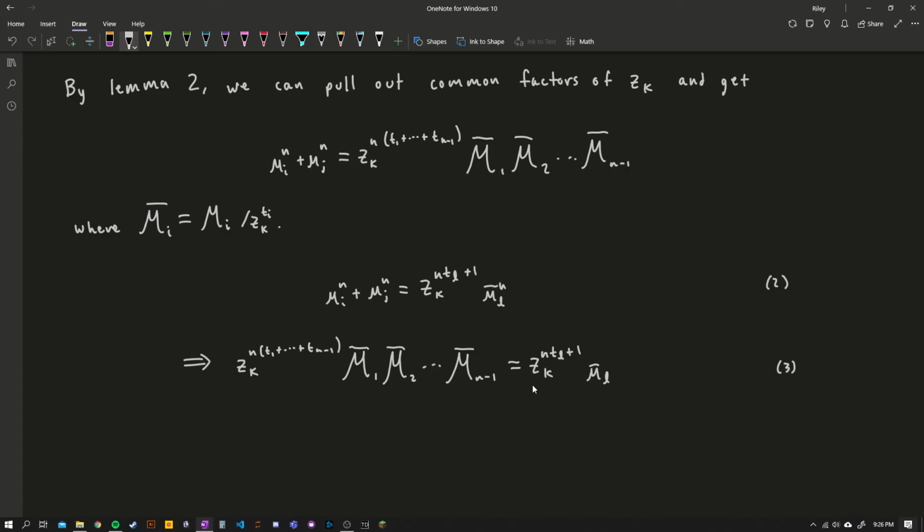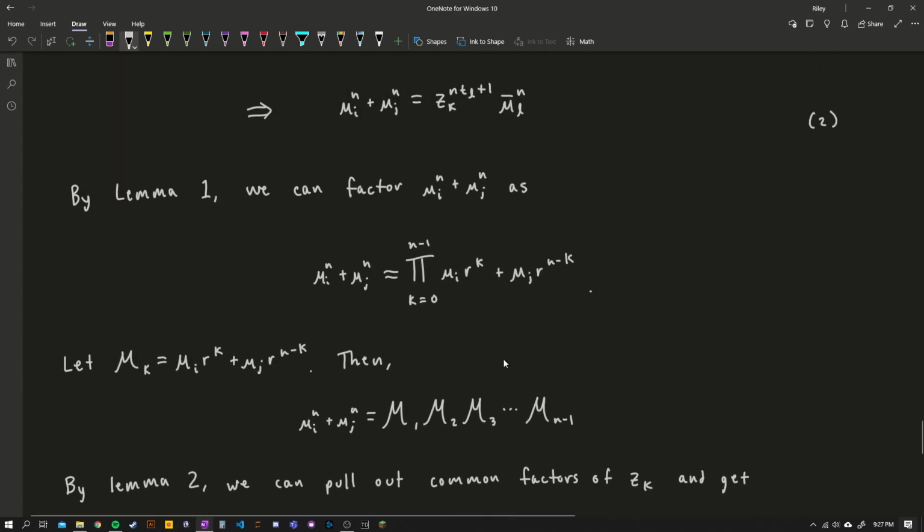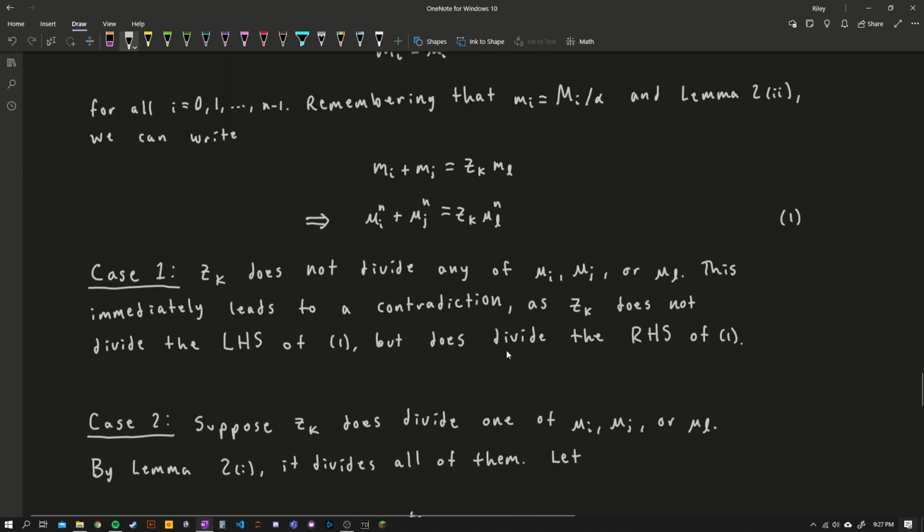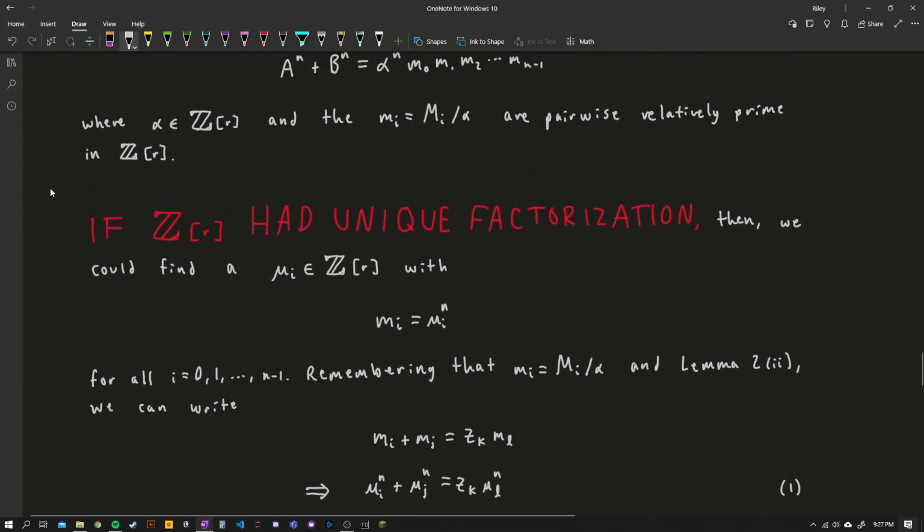But I would like to recall that it wasn't really a proof, because this whole argument at the end rested on the fact that Z adjoin R had unique factorization, which it doesn't. And unfortunately, this unique factorization problem is annoying and not immediately obvious how we would fix it.